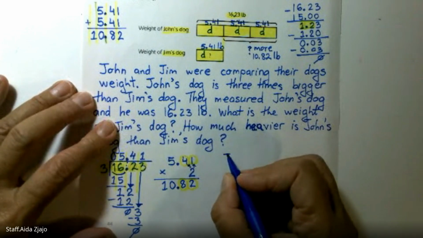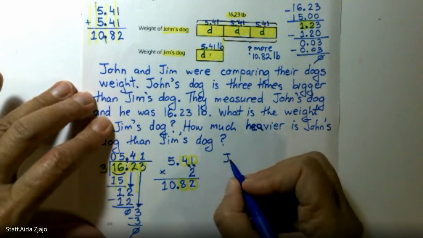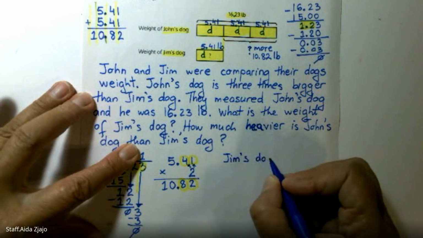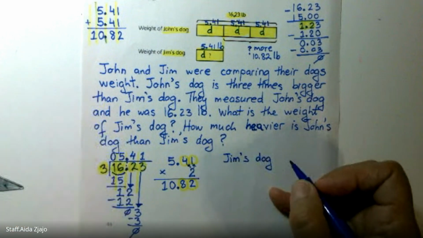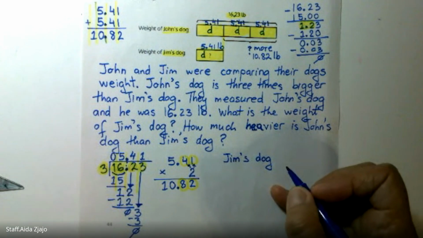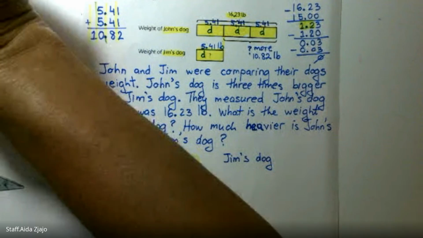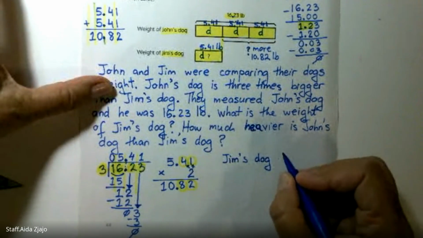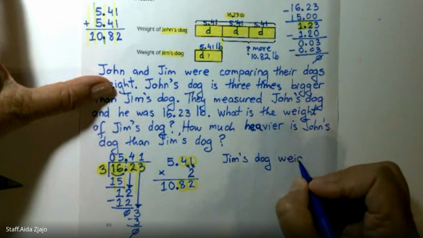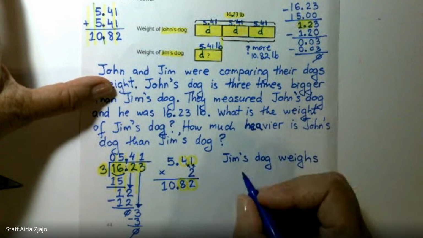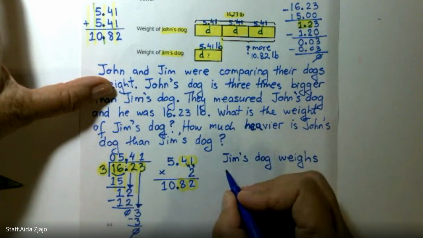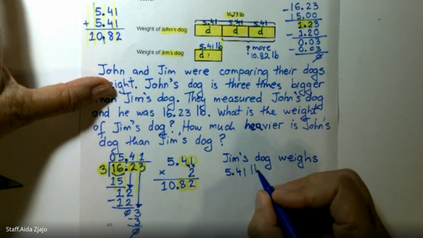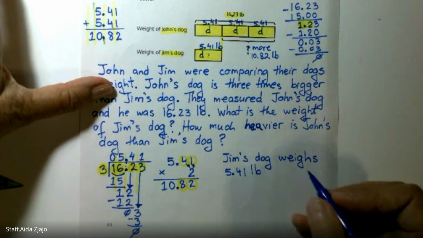Okay, Jim's dog weighs 5.41 pounds. LB is the abbreviation for pound.